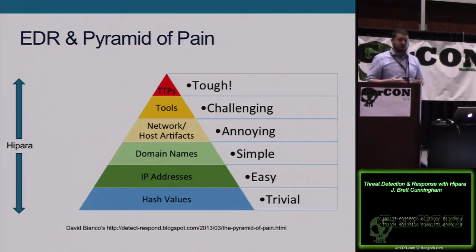Now this one is tough both for defenders and for actors. So when actors develop a TTP, which stands for tactics, techniques, and procedures, it's a certain way of them having to do something.